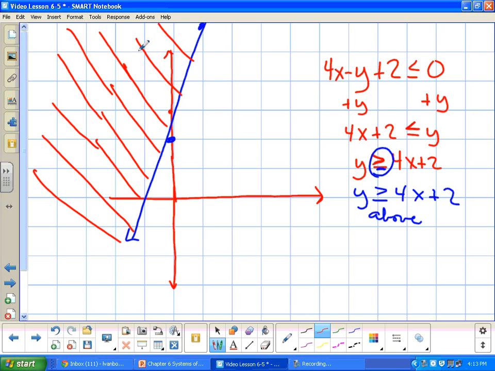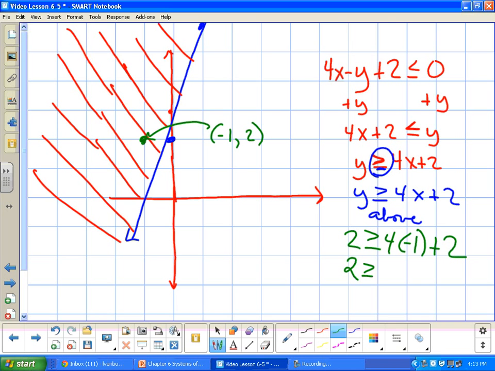Now to check my solution, I'm going to pick a point that's in the shaded region. I'll pick this point right here because I can identify that. This is the point -1, comma 2. I'm going to put that in my solution. I'll put a 2 in for y. I'll put a -1 in for x. So that's 2 is greater than or equal to 4 times -1 plus 2.